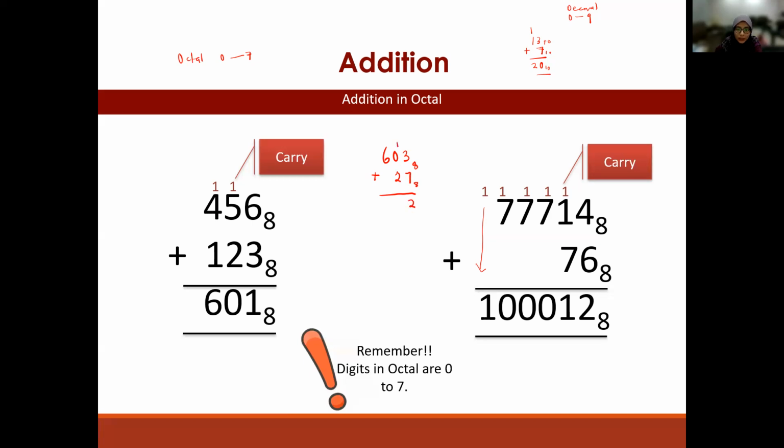So we have 1 carry here. 1 plus 0 equal to 1. 1 plus 2 equal to 3. Do we have any carry? No, we don't have any carry here. So 6, bring it down. The answer would be 632 base 8. That is the addition in octal.